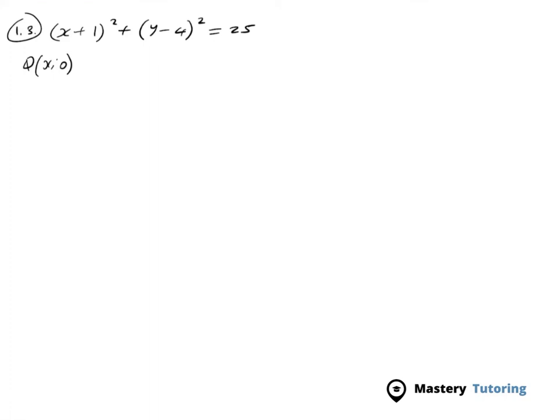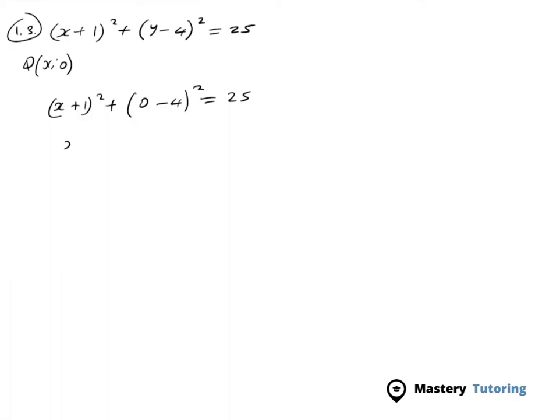Now, we substitute these coordinates into this function because Q lies on the circumference of the circle. So we end up with x plus 1 squared plus 0 minus 4. We put a 0 where there's y, and here we only put an x because it's x on the coordinates of Q. So this is equal to 25.